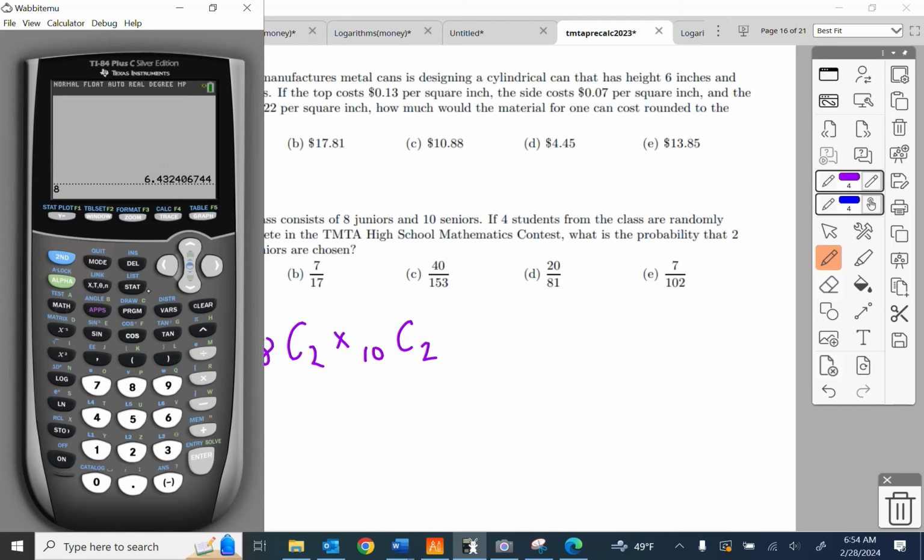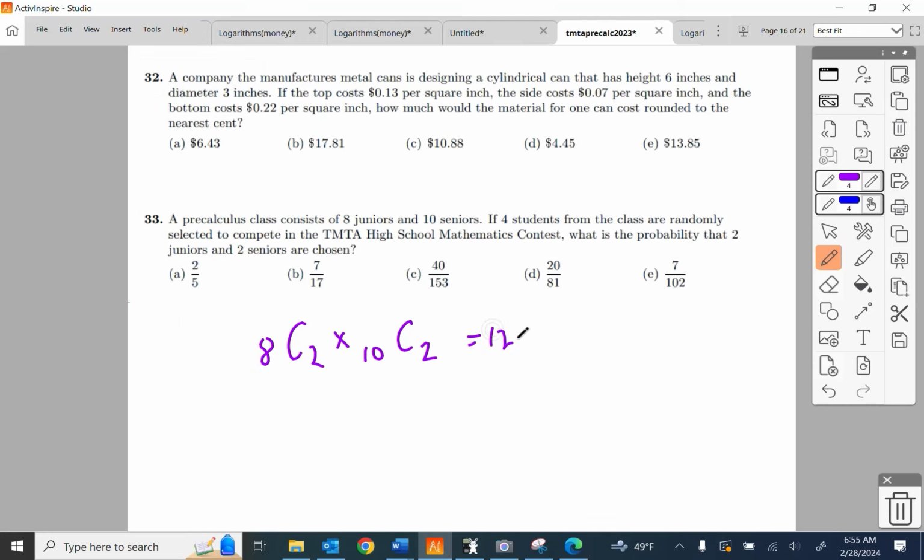So 8, math, let's see, that's under probability. Choose 2 is that. And we have 10 choose 2, math, probability, choose 2, and let's multiply them together, 1260. So there's 1260 choices. Wait, I want probability, don't I?